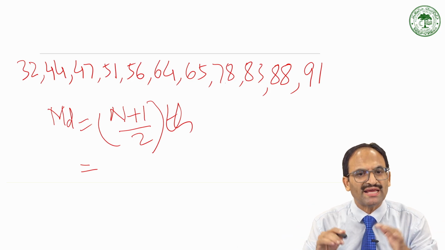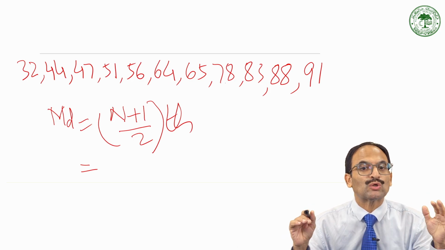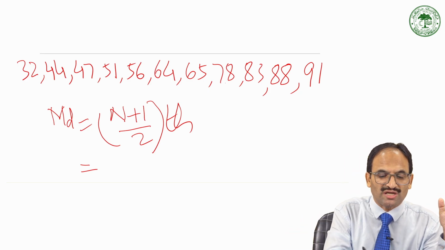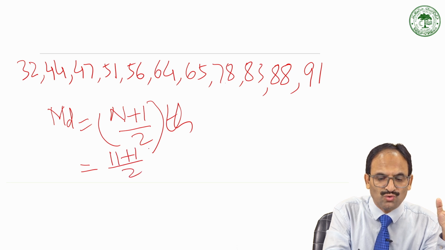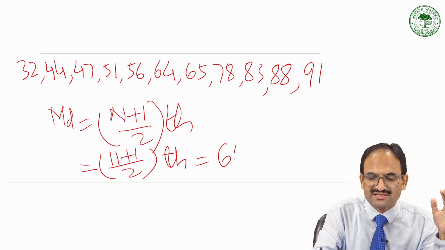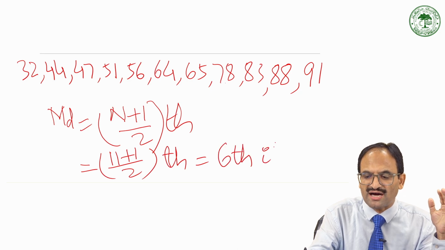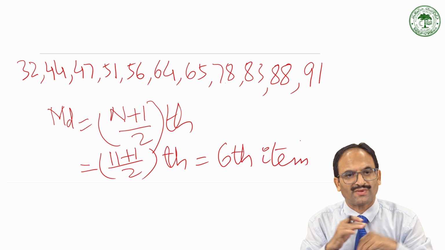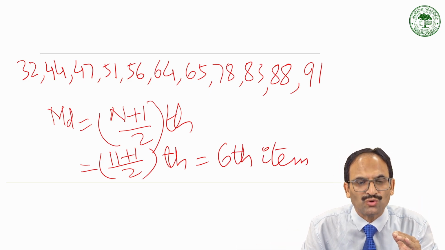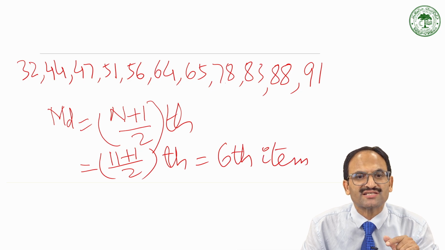So median will be (n plus 1) upon 2th term, or (n plus 1) upon 2th number. So it will be (11 plus 1) upon 2, that is the 6th number or 6th item, whatever you say. Now in the data set, go and find out which one is the 6th number.